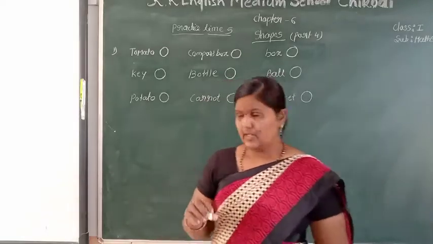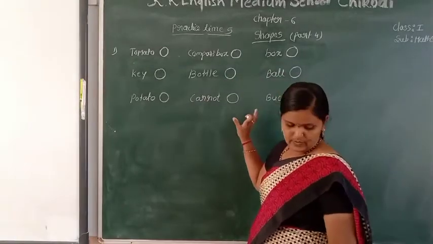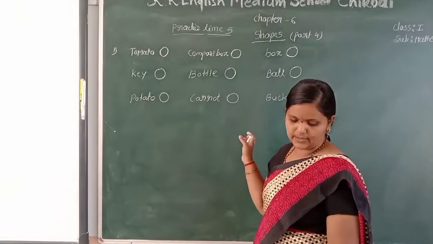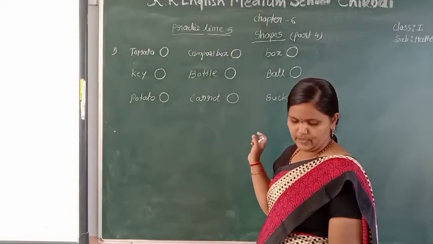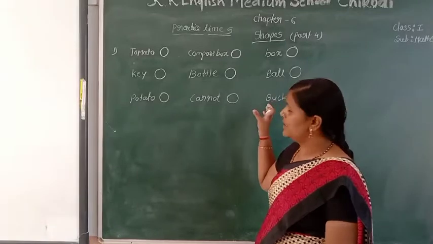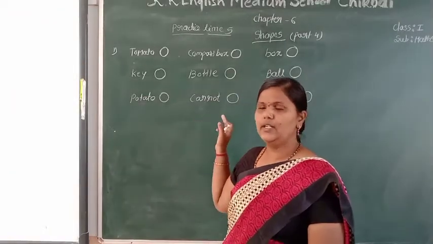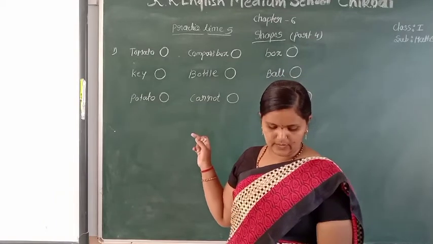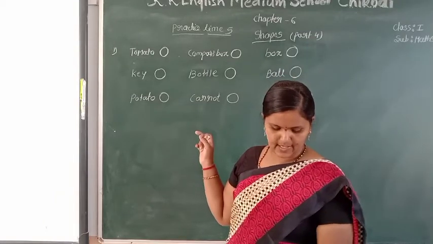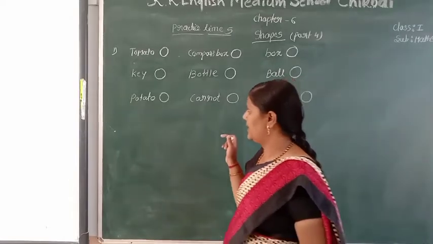Now like that, first tick right mark the object that can only roll. If it is a rolling object, you put a right mark, and if it is a sliding object, you put a cross mark, and circle the object that can both roll and slide.